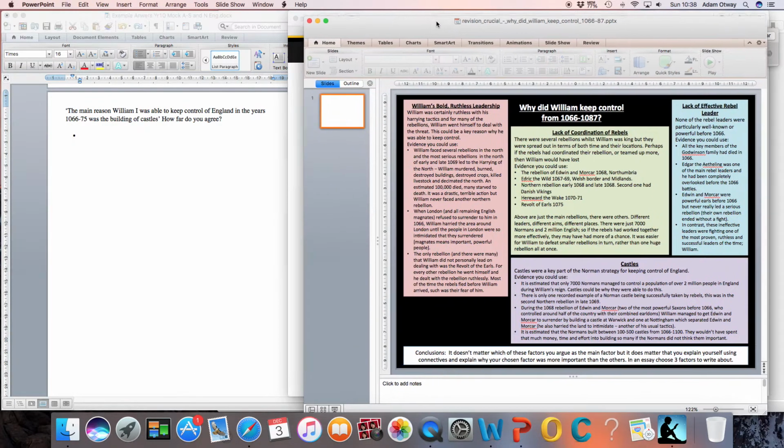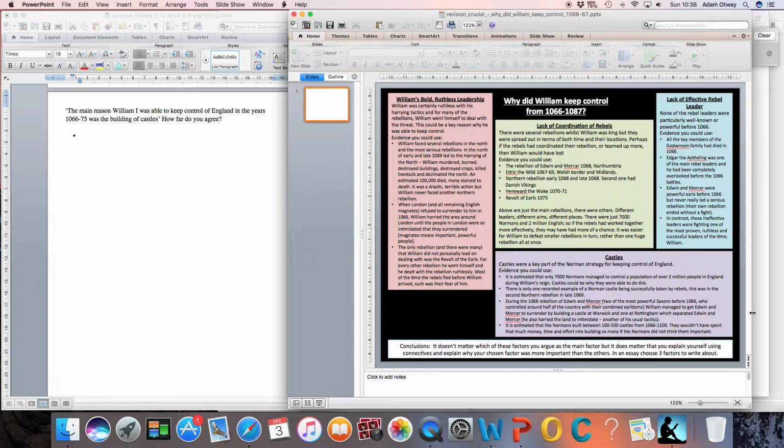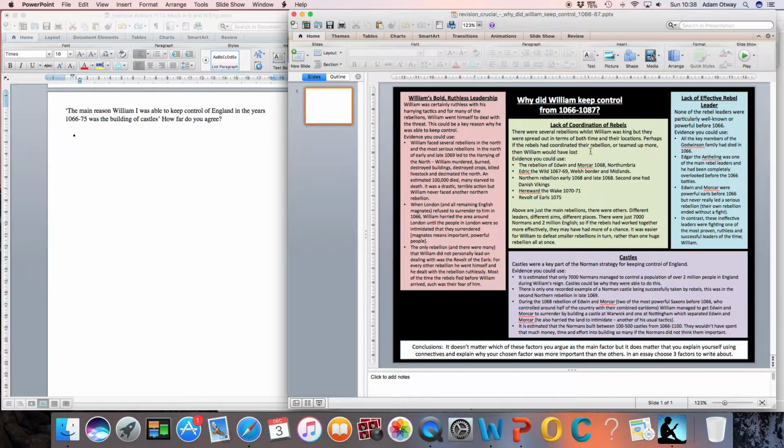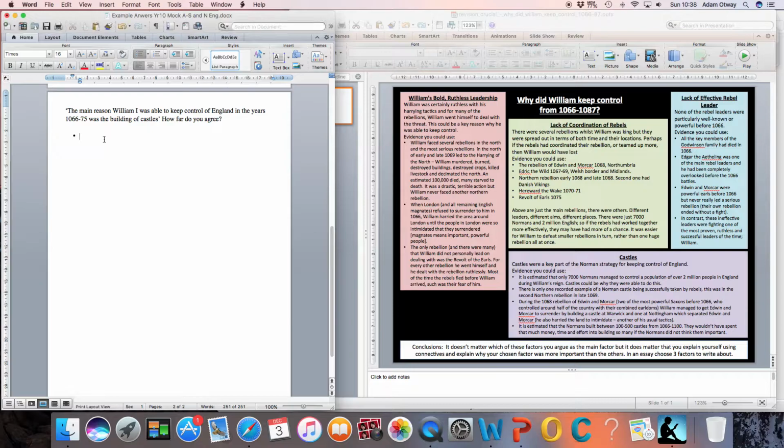There we go. So here you've got different paragraphs you could write about and the supporting detail you can use in your paragraphs. Main reason why William was able to keep control, you've got to have obviously an intro, short, include your argument. So whatever it is, I should be able to read your introduction, just a little short introduction, I know what your answer is straight away.